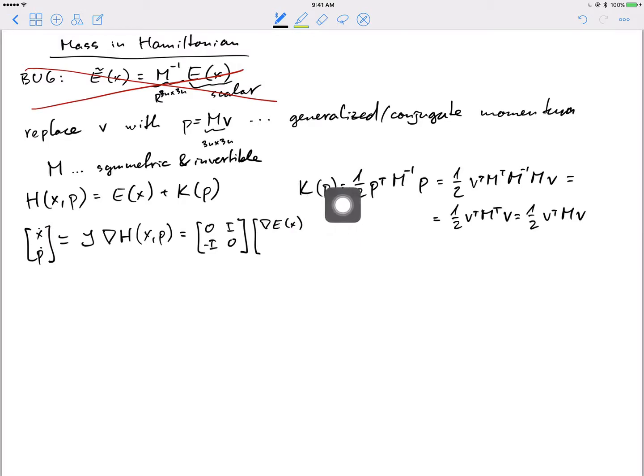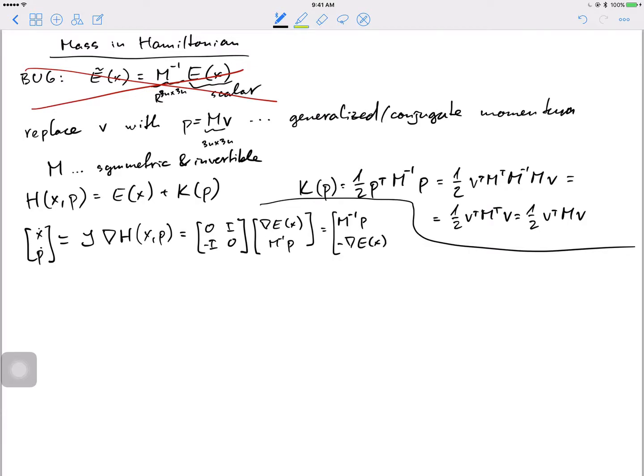And here I differentiate the kinetic energy in this form by p, so I get M inverse p. And if I multiply it out with the J matrix, I see this is M inverse p, and here I get minus the gradient of the potential. So if I put it together, this just says that x dot is M inverse p.